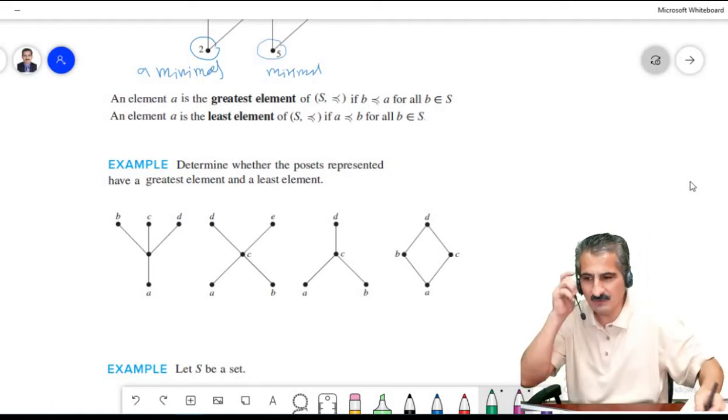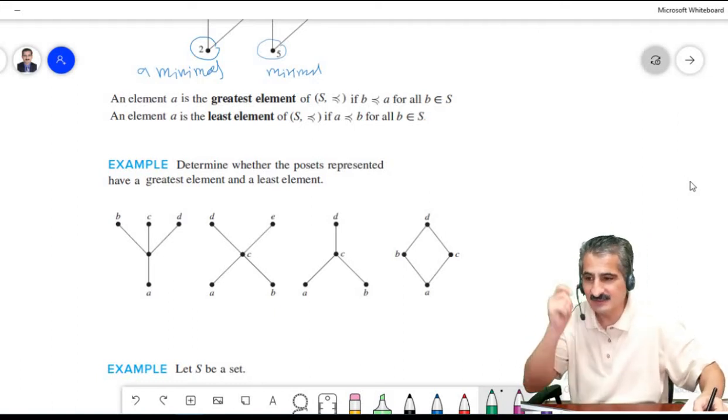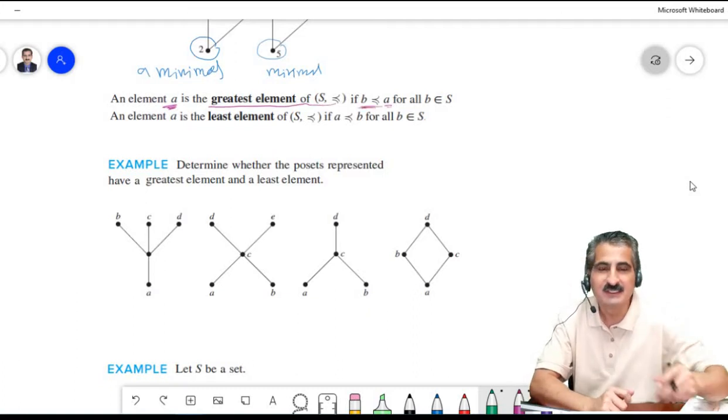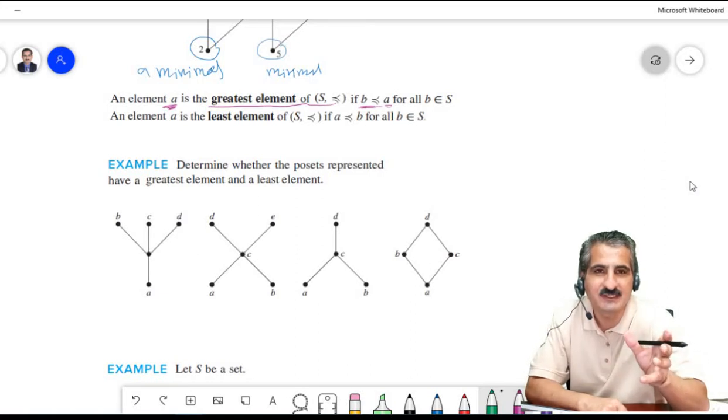So we will call the greatest element just the greatest element. An element A is called the greatest element of S if A is greater than any other element in S. A must be greater than any other element in S to say it is the greatest.